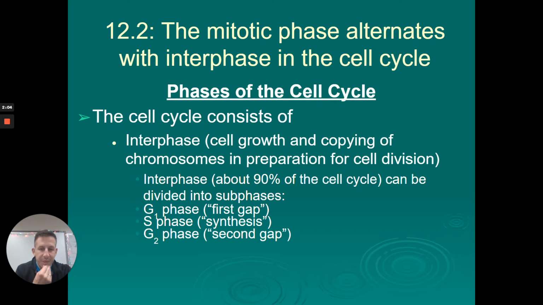Now, the G1 phase officially stands for first gap. I probably should know why they call it the first gap phase, but I don't, and it's really not a big deal that you do either. But I like to alter it a little bit so that it's easier to remember what actually happens in the G phases.